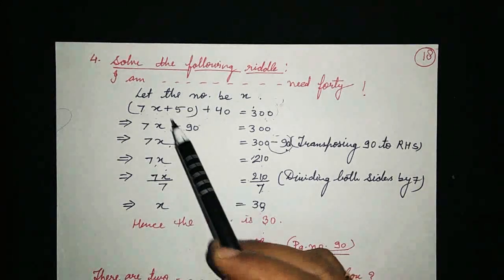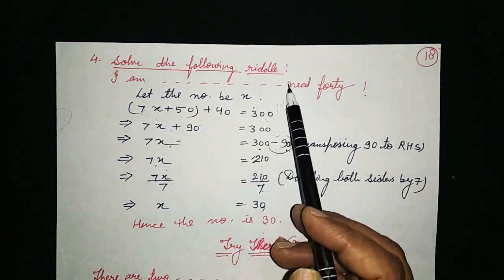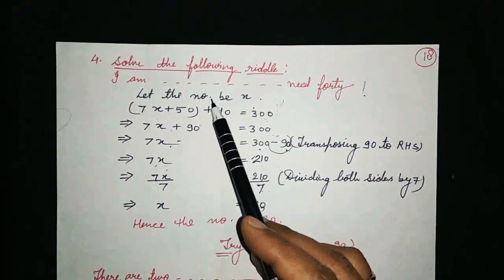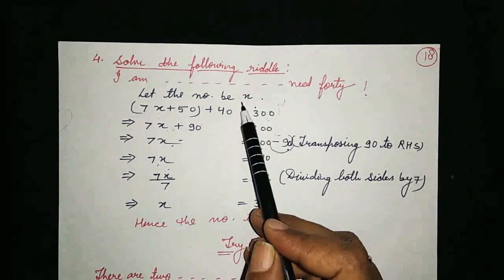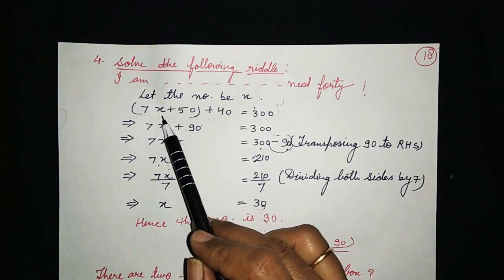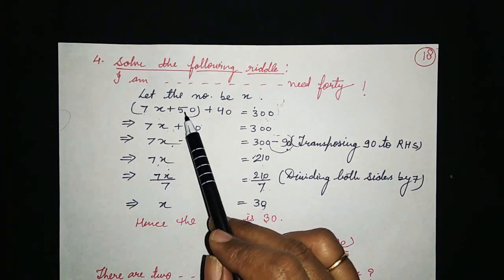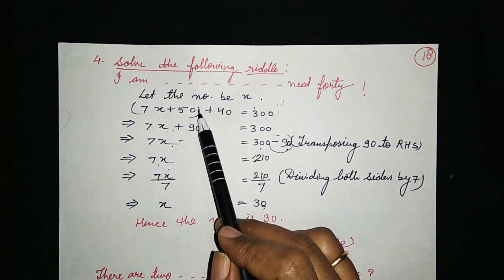In this question, first we'll assume the unknown number. Let the number be x. Now see the riddle here. Third sentence, take me 7 times over. Take me 7 times over means 7 into x. And add a 50, plus 50.